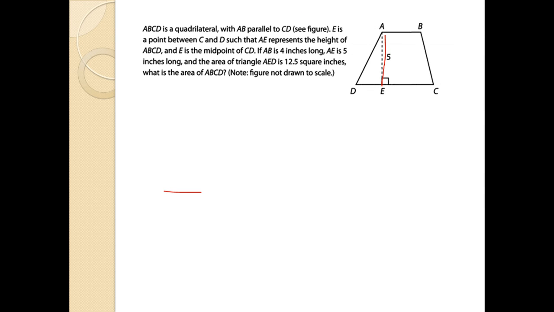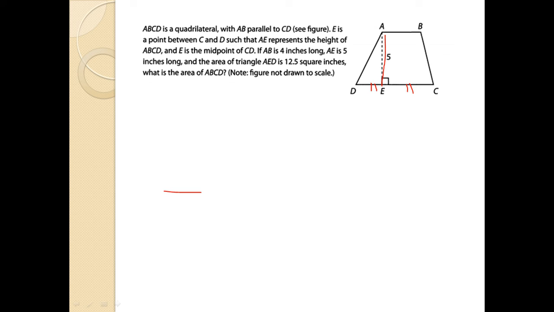Fine. Then what else is given? E is the midpoint of CD, so this length is equal to this length. By the figure it is not clearly visible here, but we have to consider the data. ED is equal to EC because E is the midpoint of DC.